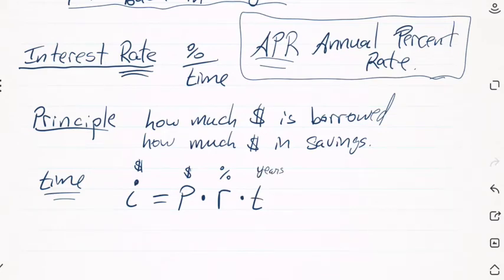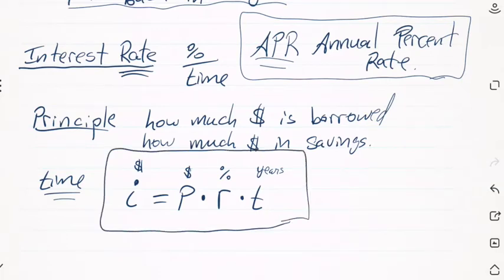Usually, but not always. So this formula is very similar to distance equals rate times time. All right, so this is the main formula for simple interest, and we have to figure out how to use it next.